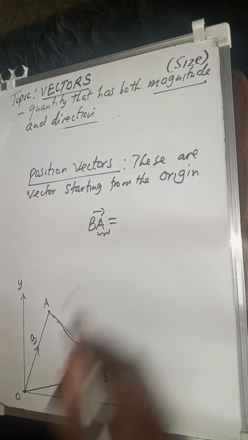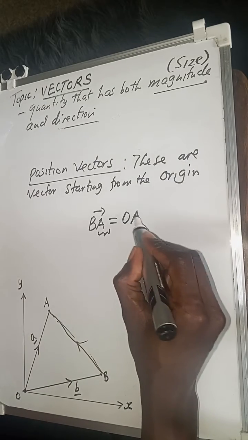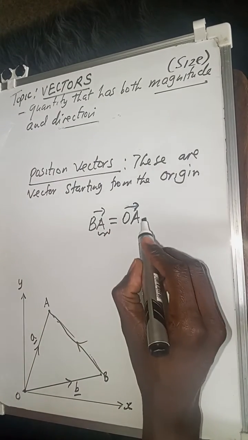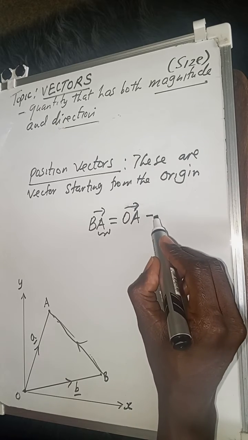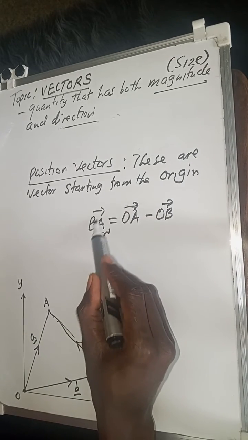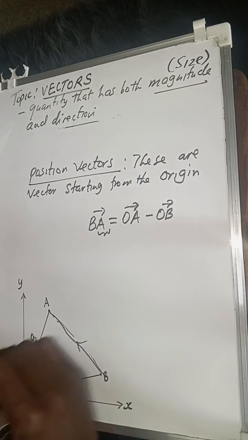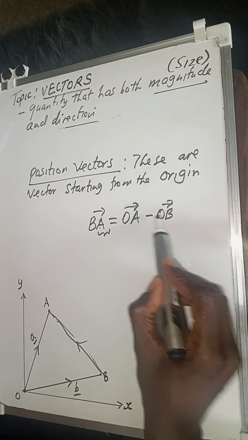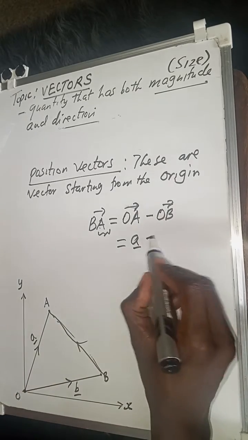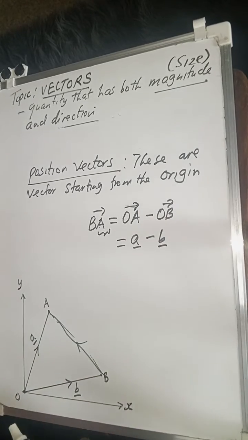Because it's starting from the origin, it will be OA in this case. So it will be OA, minus the vector OB. Remember the first one? This one will be positive and this one will be negative. So start with this one, OA minus OB. So what is our OA? It is vector A minus OB, which is vector B.